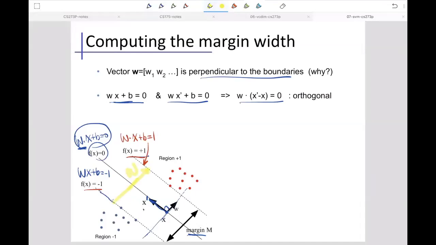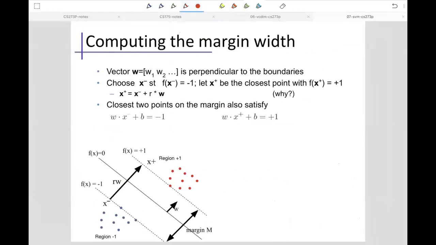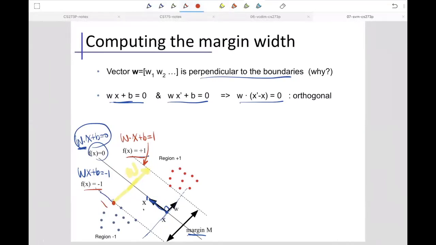So that's good. Next thing I'm going to do, let's suppose I pick 2 points here. I call this one x minus, arbitrary from this point here. I call the other one x plus. So I'm going to pick x plus from this side here, and x minus from this side here.